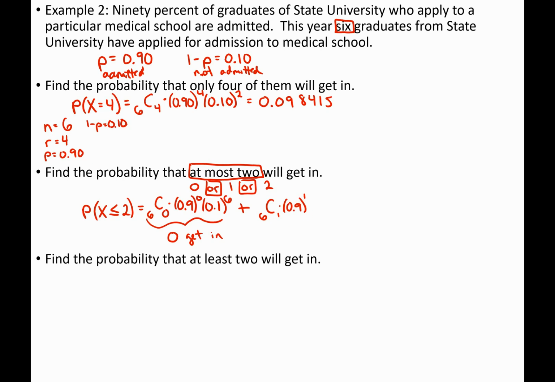And we want one of them. So however many you're choosing with that combination, that's going to be your exponent for your successes. Those two are always going to match. Then we have our 10%, and we're going to have 5 of those. 1 gets in, 5 do not. So this is our 1 gets in.